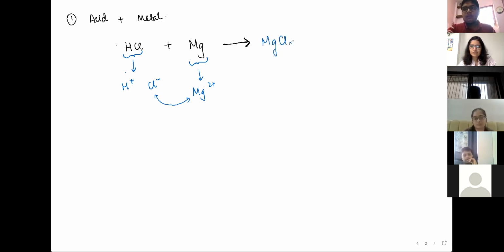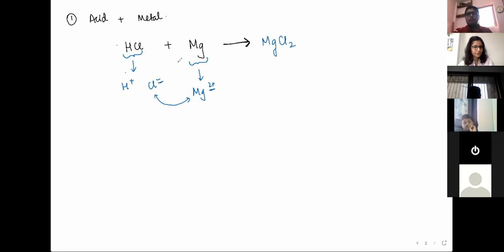So MgCl2 will be formed क्योंकि magnesium का valency है 2 and chlorine का valency है 1. Criss-cross method forms MgCl2, and remaining H plus will take the electrons from magnesium and form hydrogen molecule, which goes upwards. इसको अगर balance करना है तो let's put 2 over here. Okay. So that's how the reaction takes place.